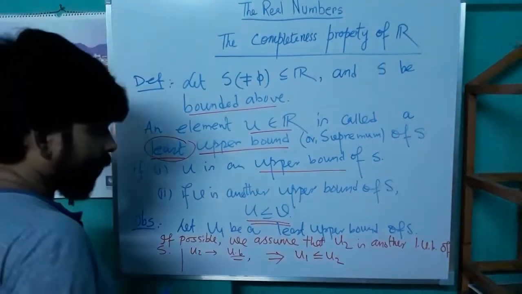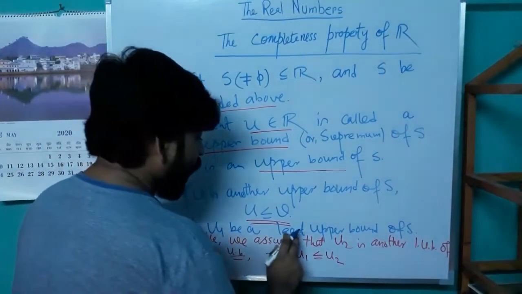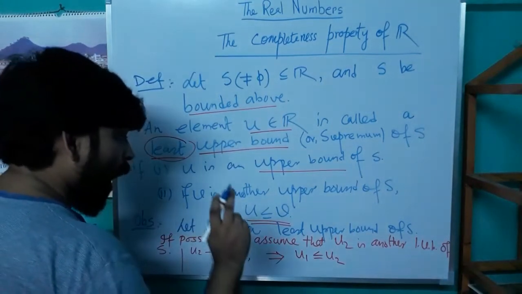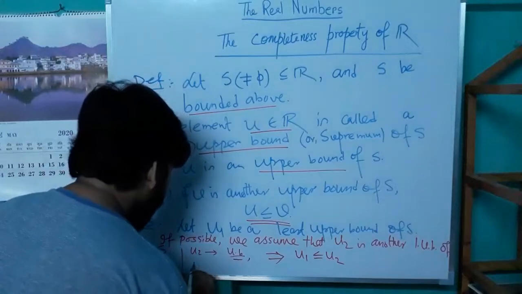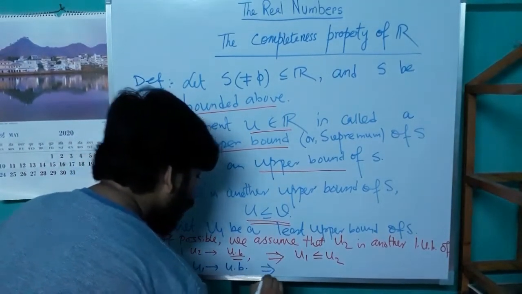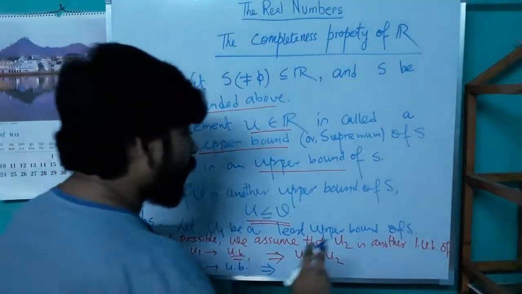Again, given that u1 is a least upper bound of S, u1 is also an upper bound of S. And u1 is an upper bound and u2 is the least upper bound.